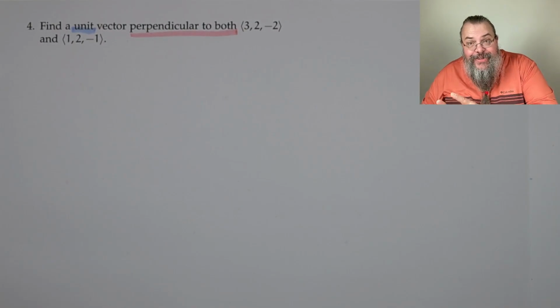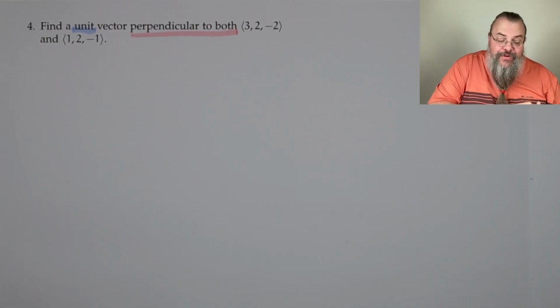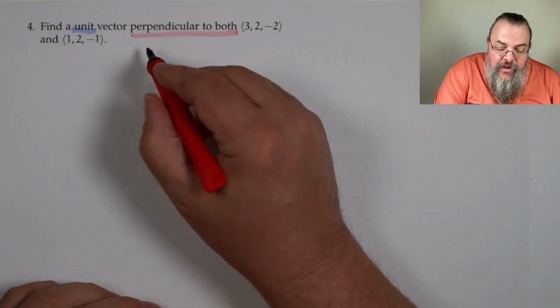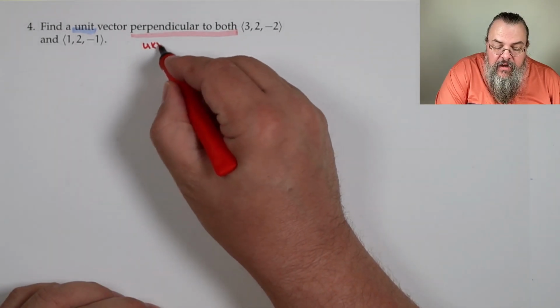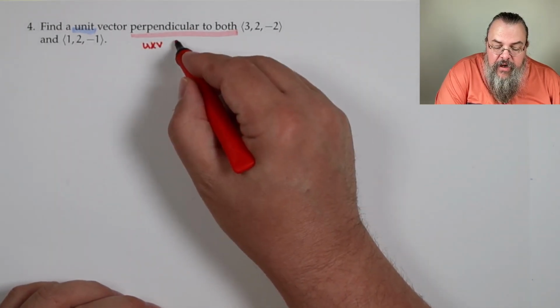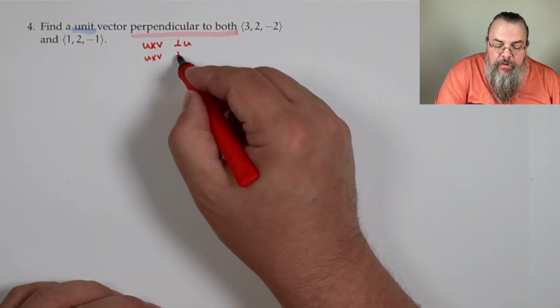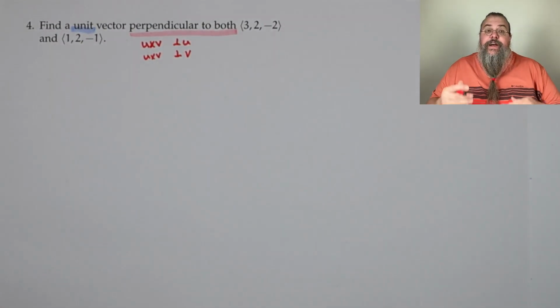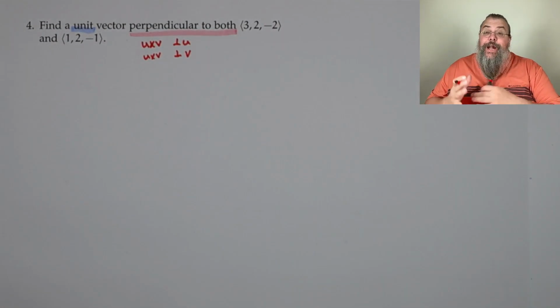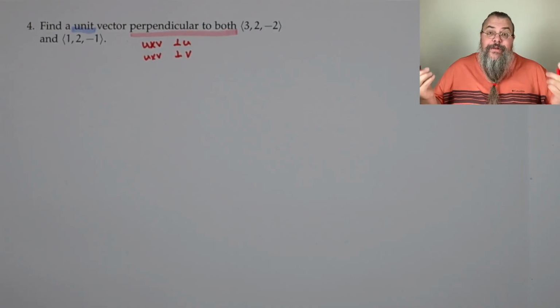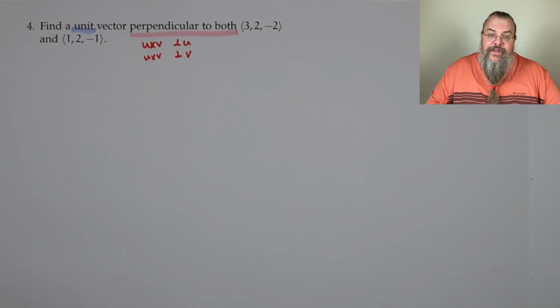Make perpendicular, cross product. So there's a nice basic fact. U cross V is perpendicular to U, and U cross V is perpendicular to V. So if I have two vectors, and I want to make something that's perpendicular to both simultaneously, then I want to do a cross product.